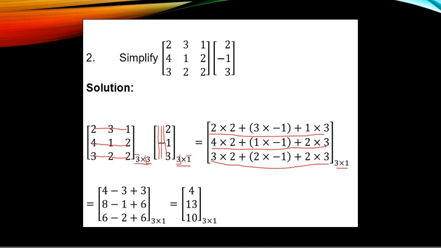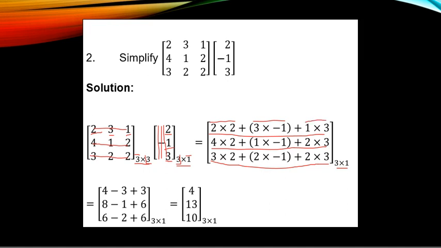So if you take the first row, you have 2 multiplied by 2, that is the 2 times 2 you have here, then plus, remember the sum of product. Then you take 3 multiplied by minus 1, that is what you have here, plus you take 1 multiplied by 3, that is what you have here.